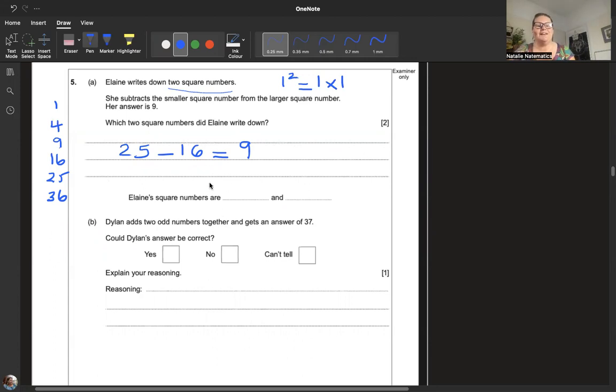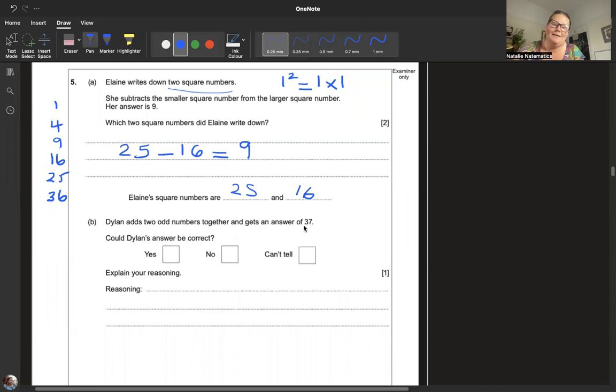Okay, so the answers are 25 and 16. And even though I do these things quite quickly in my head, I always check still. Yeah, 9.